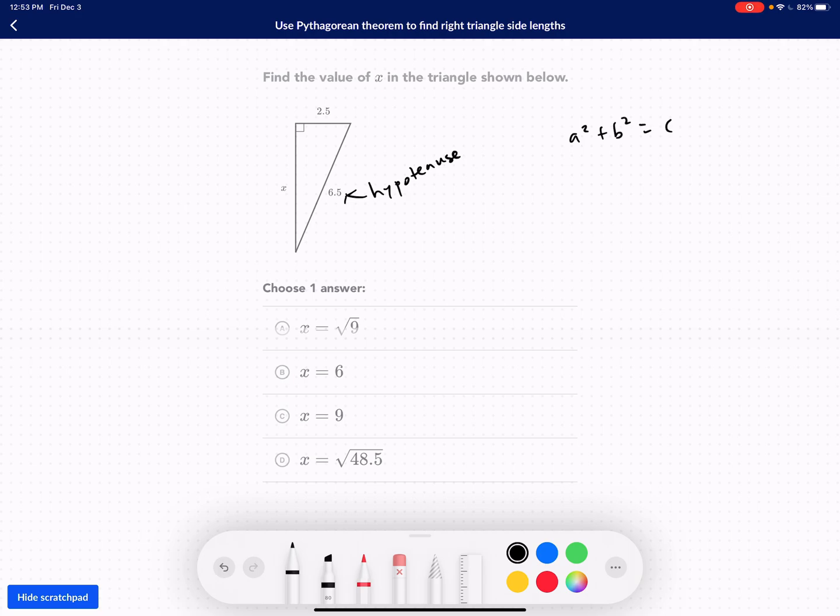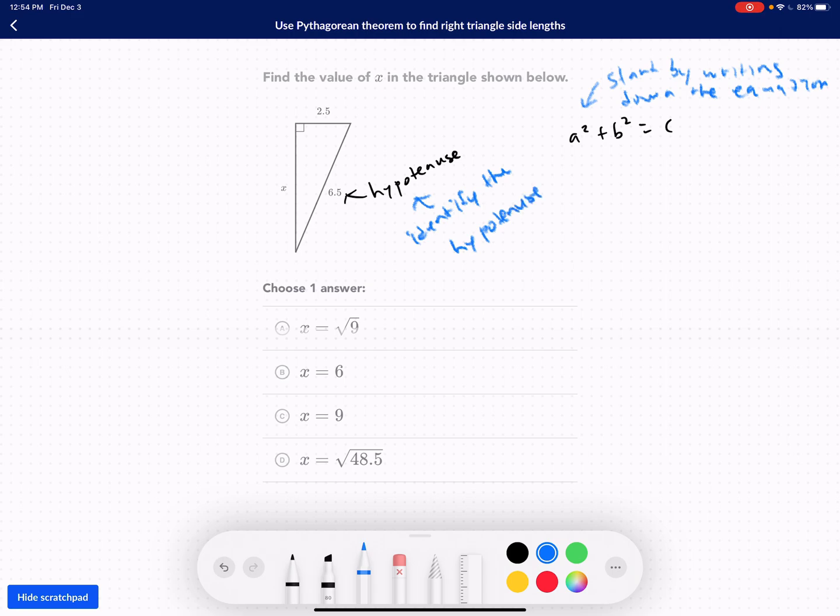So always start by writing down the equation, and also identify the hypotenuse. Okay, so those are the two things that you want to do every time you solve these problems. And make sure you write this down in your notebook as well.